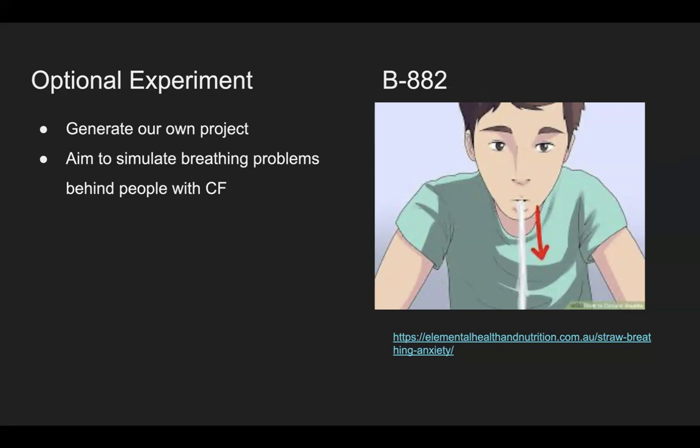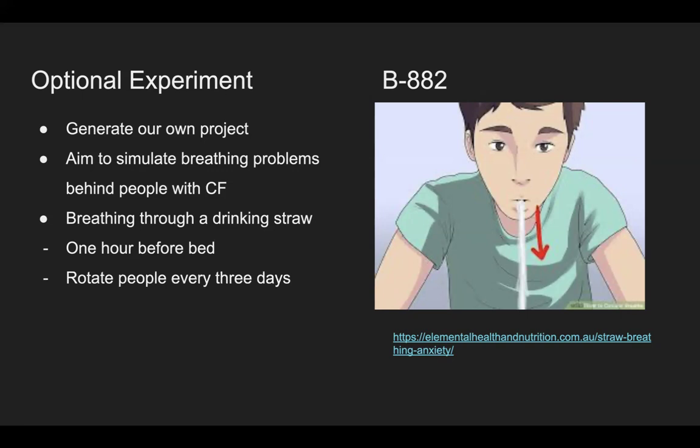Breathing through a straw is a simple method to experience restricted airflow, where you breathe in and out through a straw to simulate breathing difficulties like asthma. The best way we plan to do this is for every 3 days, we would rotate people to forcefully breathe in and out of a straw for exactly 1 hour right before they go to sleep.